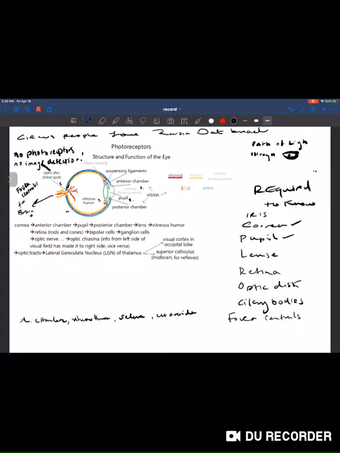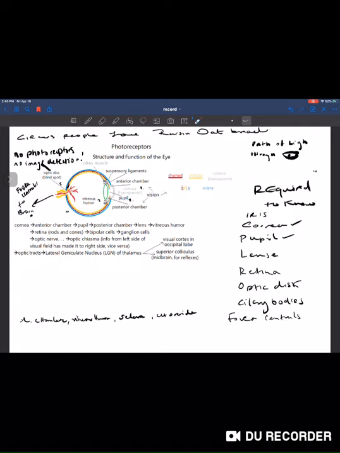Next, we'll talk about the retina. The retina is here in this yellow structure. So the retina has photoreceptors, and they're sensitive to light. So far, what do we have? We have light traveling in a path into the eye. It'll go through the cornea, and it'll go through the pupil, which is that opening, the black opening in the middle of the eye.